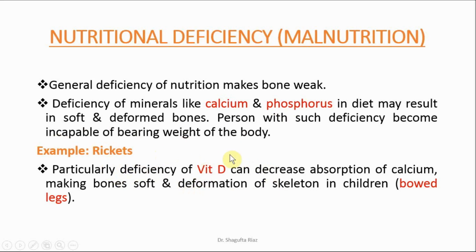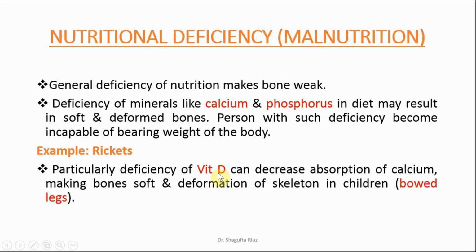Particularly talking about the deficiency of vitamin D can cause rickets. Rickets is the disorder observed in children. We have discussed the importance of vitamin D in our previous lecture, that vitamin D is very essential for absorption of calcium.